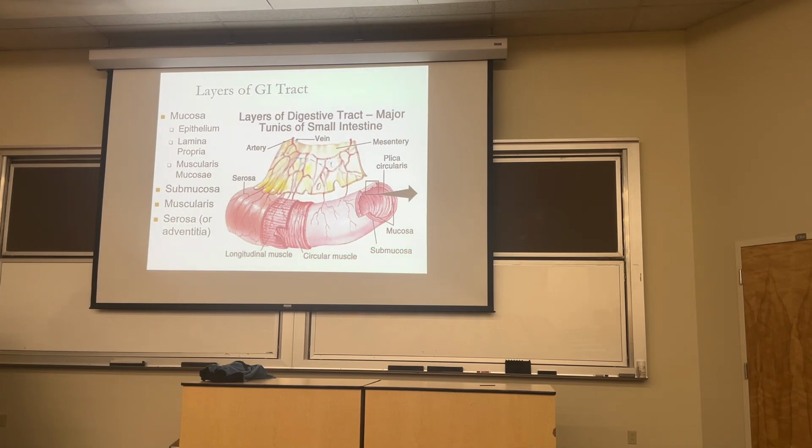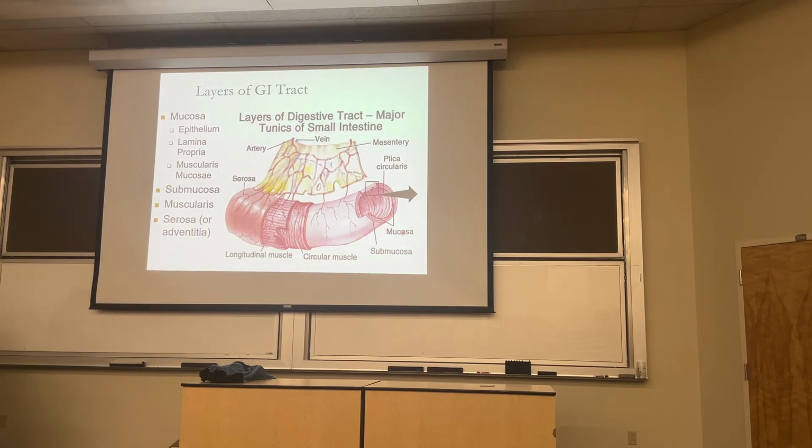The layers of the esophagus and the GI tract include these four major ones that we've mentioned. Now we'll go into them in a little bit more detail. The four layers, starting from the lumen, the hollow space, and going out: the layer next to the lumen is called the mucosa.